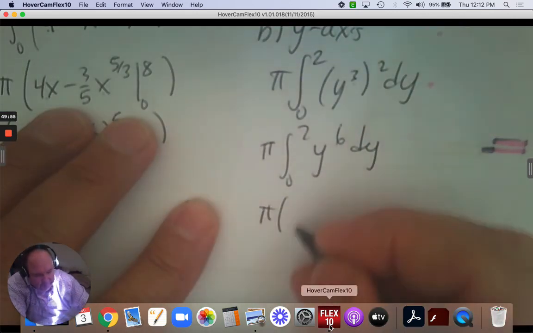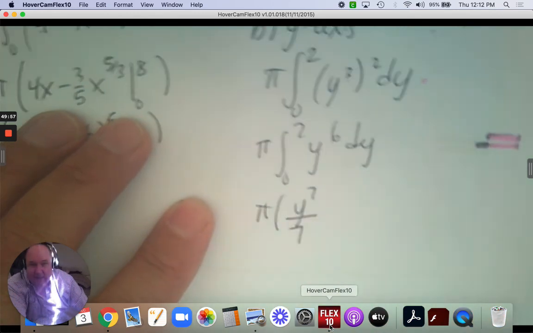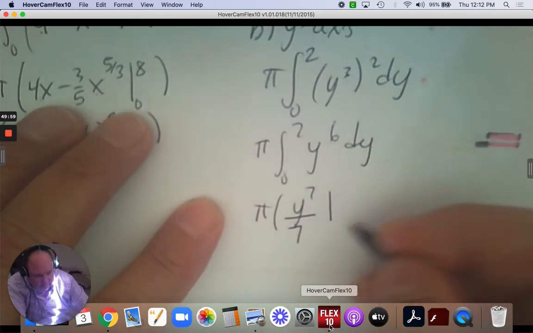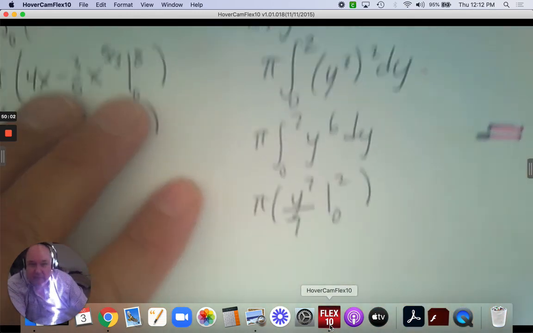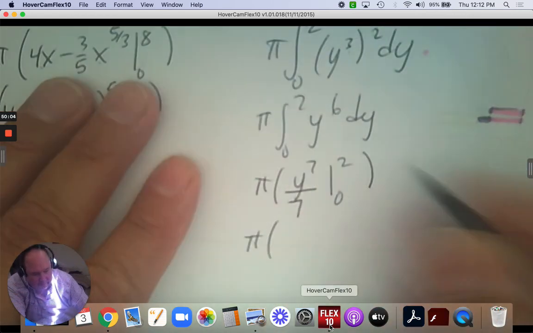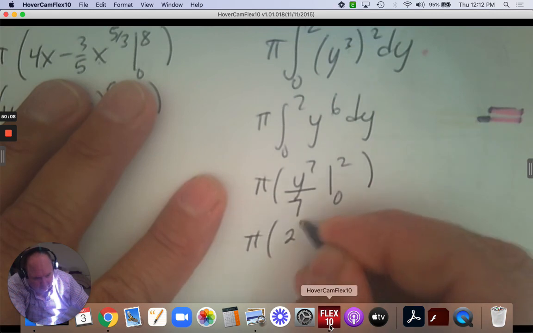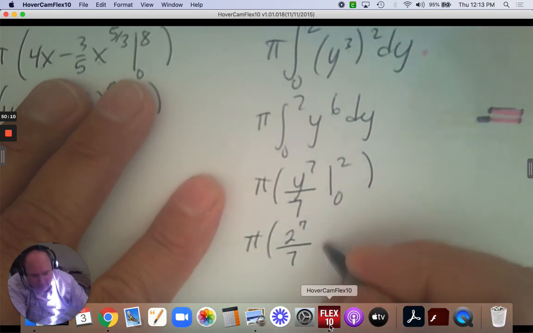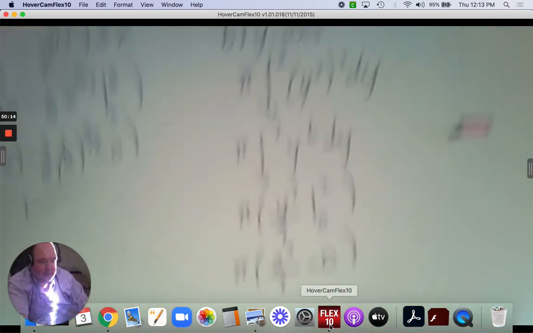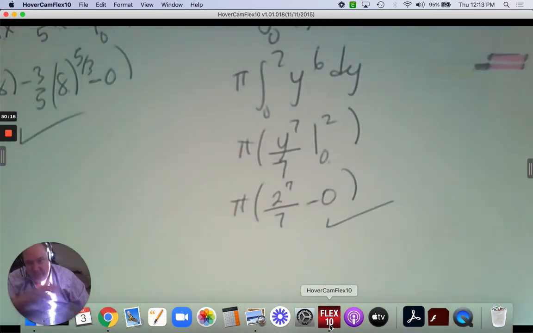Just keep pi in front. You add 1 to the exponent and divide. We're integrating from 0 to 2, and then you plug in 2, and then you plug in 0. So it's 2 to the exponent 7 divided by 7. When I plug in 0, the answer is 0. And there's the exact answer for the volume. And you don't have to simplify it.